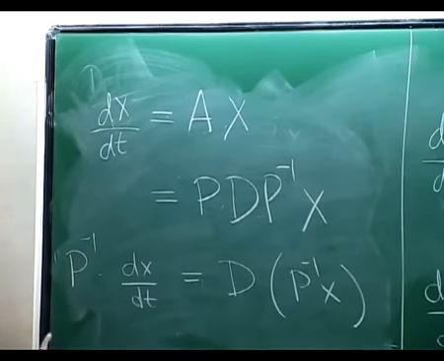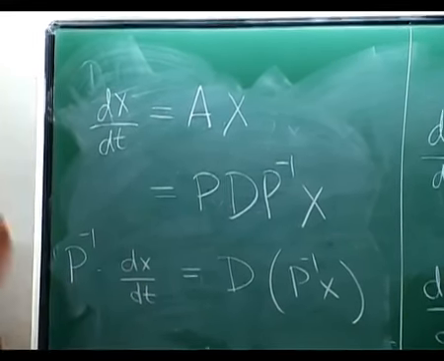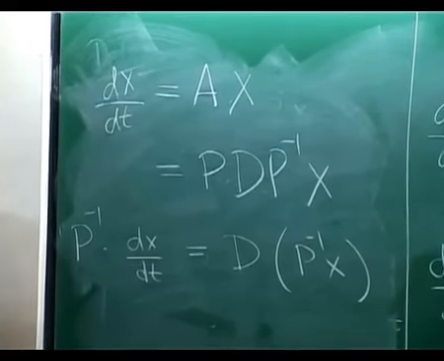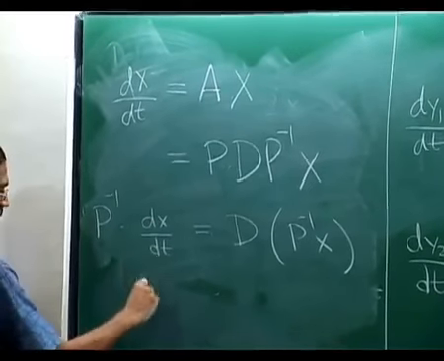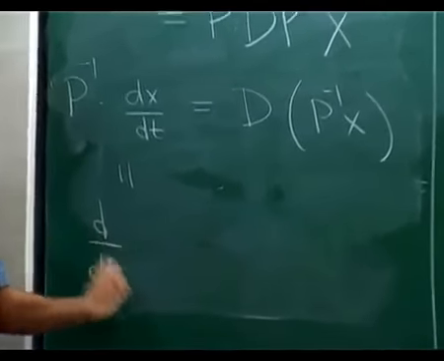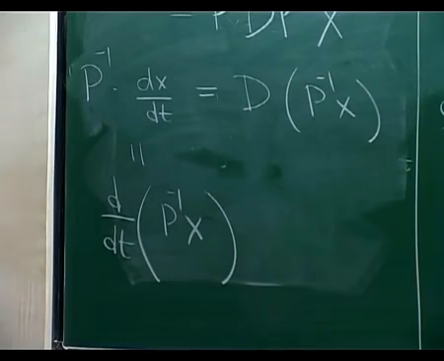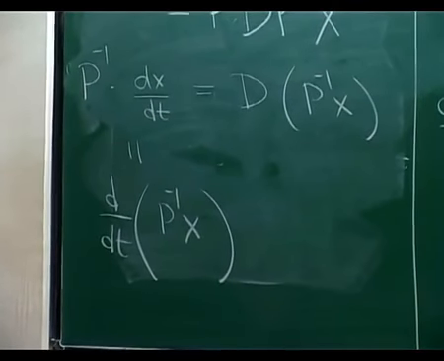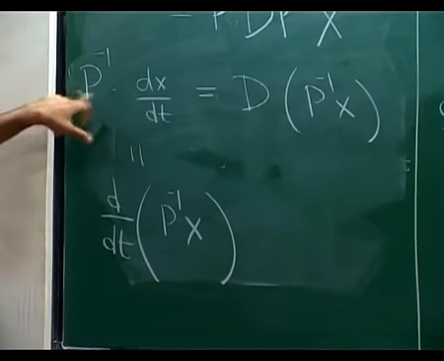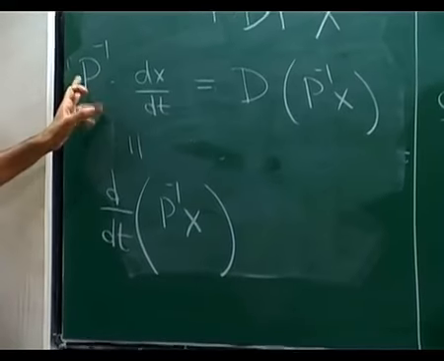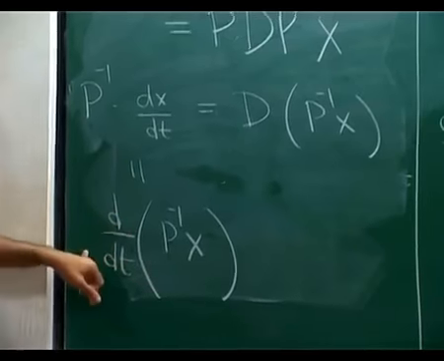Now what is here? P inverse is some 2 cross 2 matrix. dX/dt is just a column vector with dx1/dt, dx2/dt. But I claim the left hand side is the same as, you first do P inverse X. I am saying you first take the derivative of X and then you multiply by P inverse, but this is the same thing as first taking X, multiplying it by P inverse and then doing differentiation.